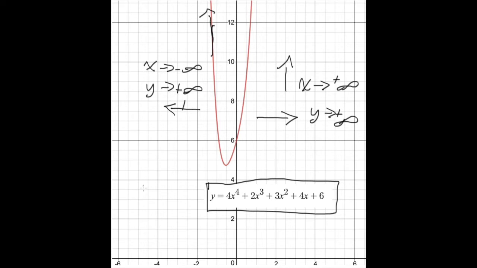So it's the same end behavior as the second order equation. And what we're going to learn is that this is the same end behavior for the sixth order equation and the eighth order equation, and for any equation with an even degree.